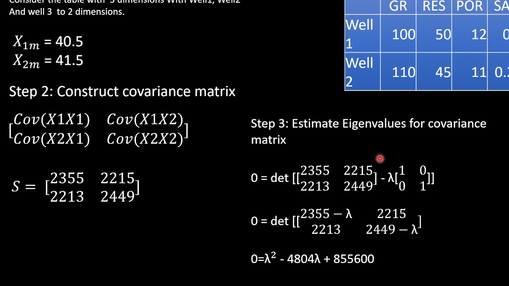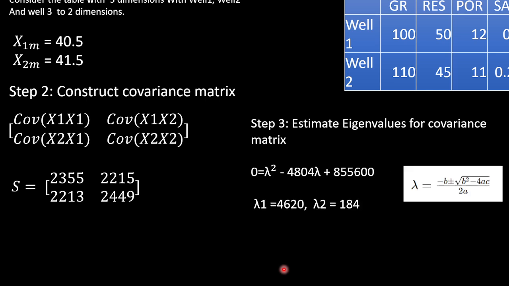So when you are estimating eigenvalues, since it is a square equation, you will be getting two answers for lambda. So you have to use this formula: minus b plus or minus root over b square minus 4ac, by 2a. So a lambda square plus b lambda plus c, where a is equal to 1, b is equal to minus 4804 and c is equal to 8555600.